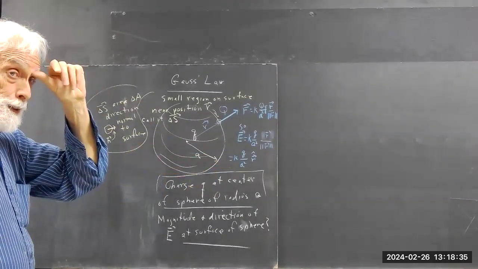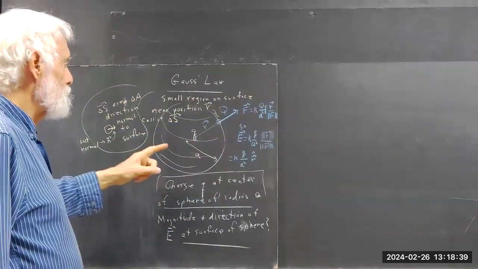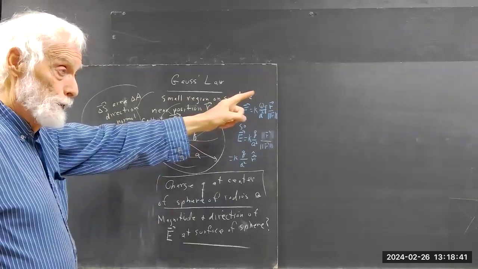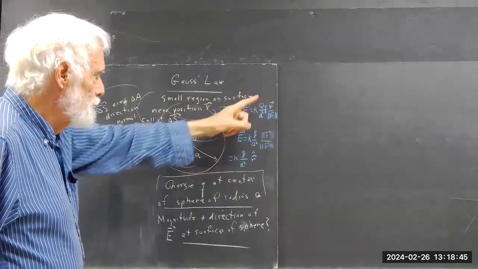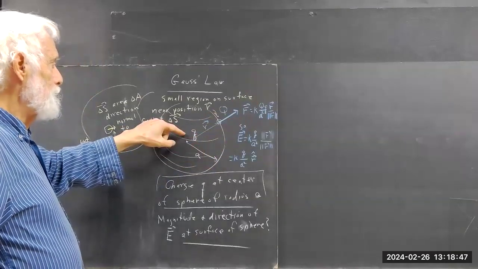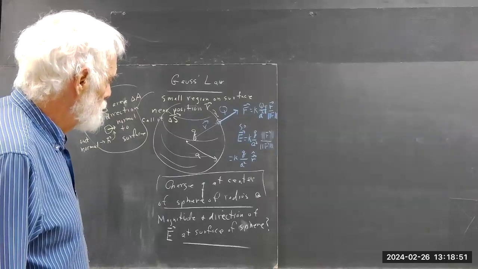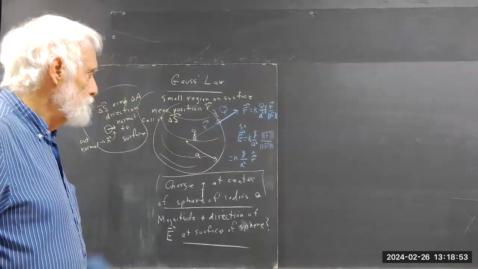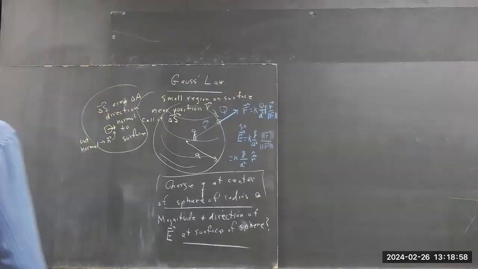Okay, so they're parallel, maybe in opposite directions. The radial vector is in this direction. I've got the electric field and the force indicated in this direction, assuming both these charges are positive. But it could be that the electric field is back in this direction as well. Either way, we get this.